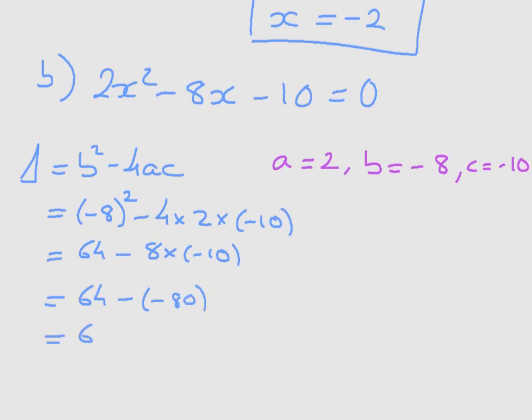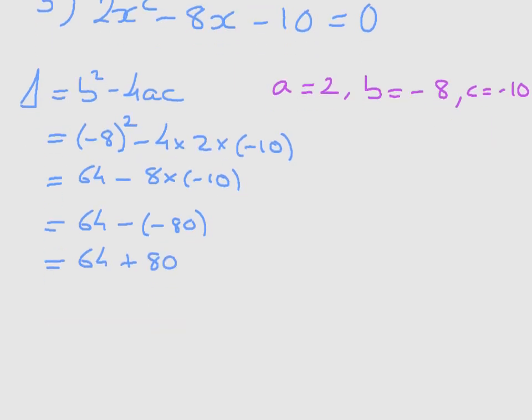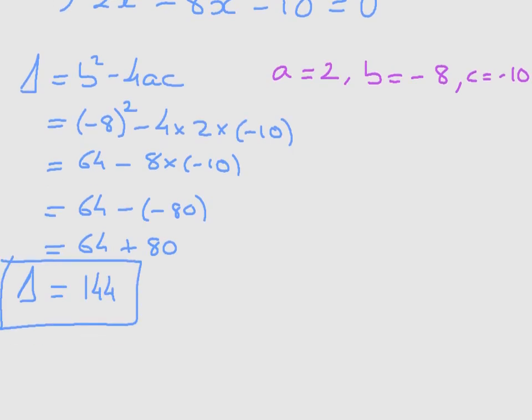That in turn becomes 64 plus 80. Remember, when we subtract a negative, it is the same thing as adding. And finally, we can see that delta is equal to 144. Now, in this case, we've met the condition where delta is positive. This means that our quadratic equation will have two solutions.